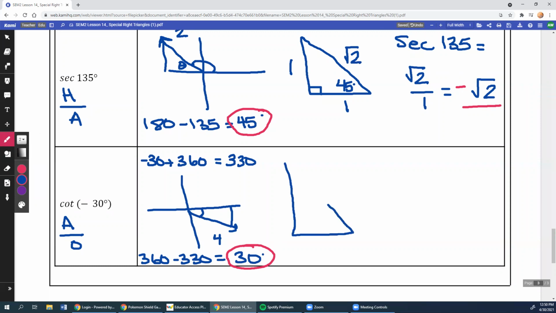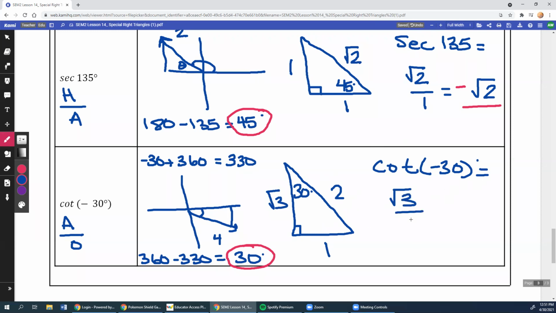Draw my 30-60 right triangle. Remember 30 is up top here. Short side 1, long side square root 3, hypotenuse 2. So we have cotangent of negative 30 degrees is equal to, the adjacent is square root 3.